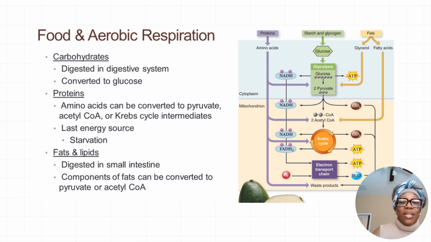The amino acids within proteins can be converted to pyruvate instead of glucose being converted into pyruvate. And then you have fats and lipids, which are digested in the small intestine. These components of fats can also be converted to pyruvate, because remember that pyruvate is the precursor that's going to be converted into acetyl-CoA, which will then enter the Krebs cycle, moving the whole process of aerobic respiration forward.